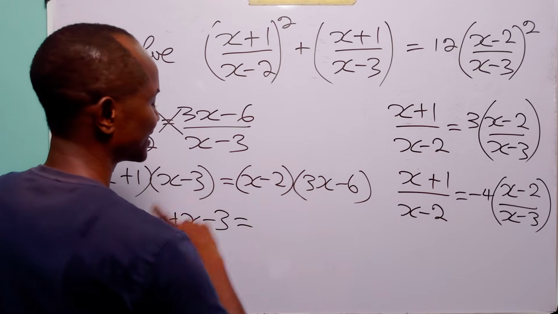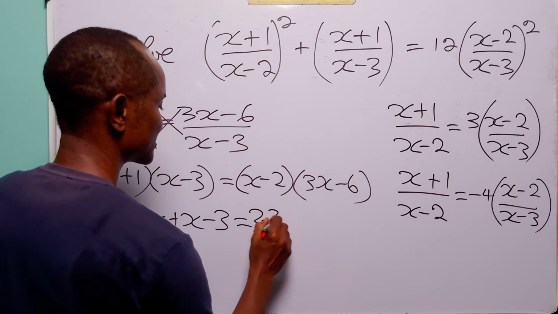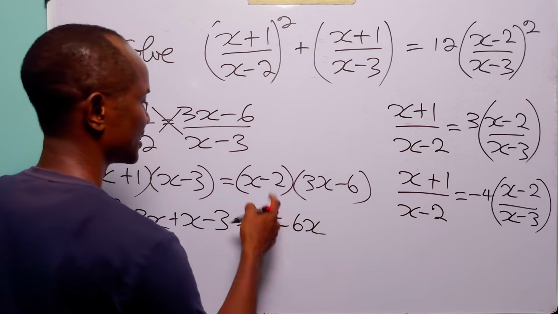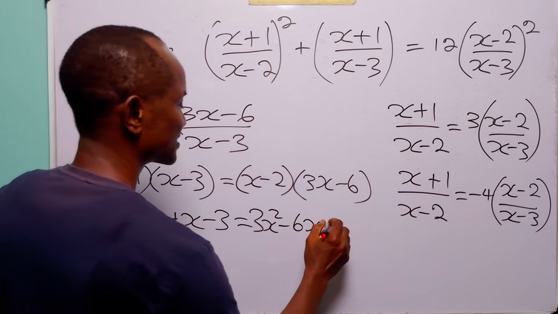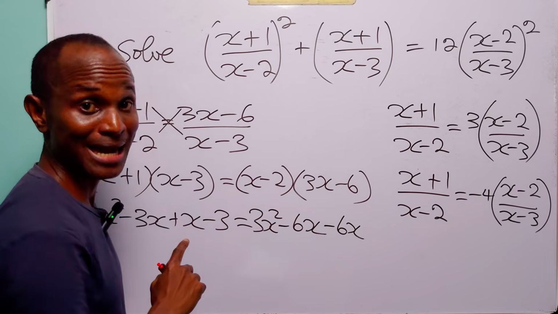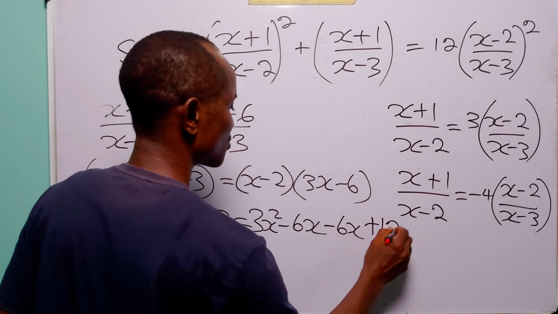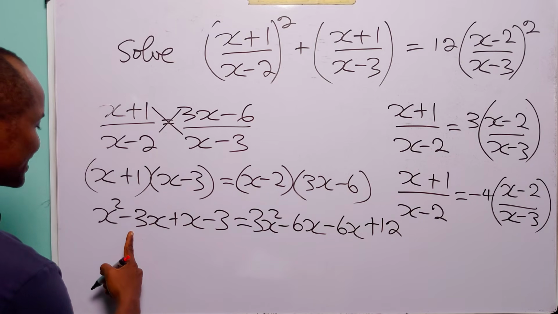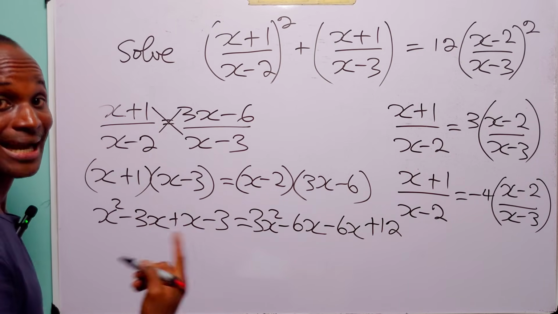x times 3x is 3x squared. x times minus 6 is minus 6x. Minus 2 times 3x is minus 6x. And minus 2 times minus 6 is plus 12. Now, minus 3 plus x is minus 2.